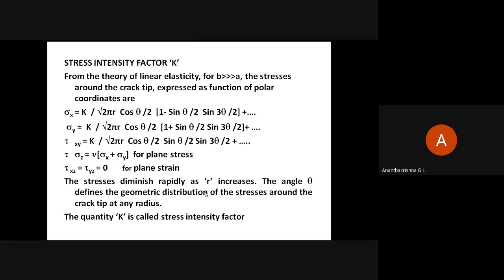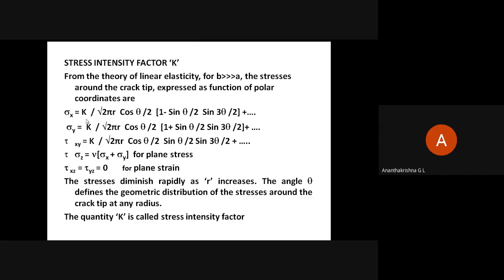So the stresses diminish rapidly as r increases, because r is in the denominator; the stress is inversely proportional to r. And the angle theta defines the geometric distribution of stresses around the crack tip at any radius.